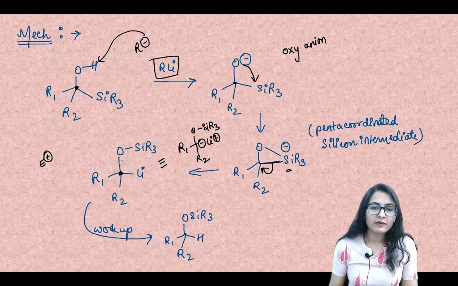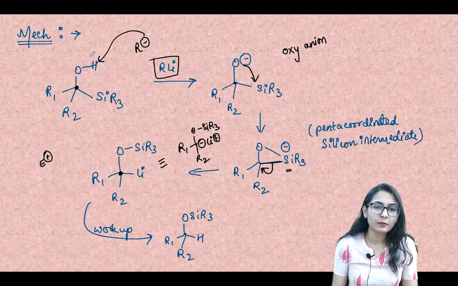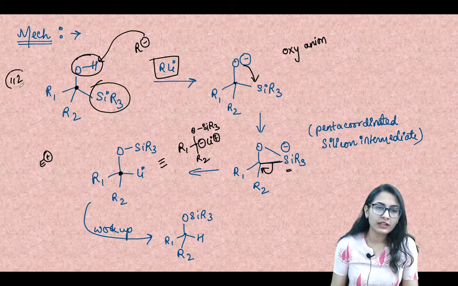When you have those kinds of groups and a carbanion, then you call it the Brook rearrangement. And if both of these groups are in the alpha position, it is called the 1,2 Brook rearrangement. When it is in the beta position, or let's say on two different carbons, it will be called the 1,3.